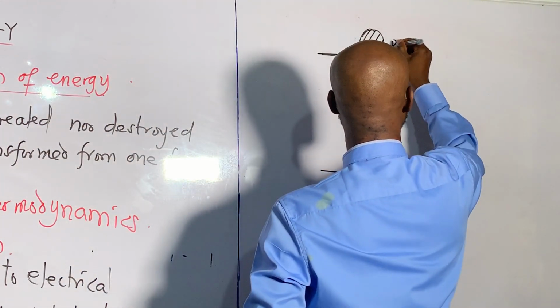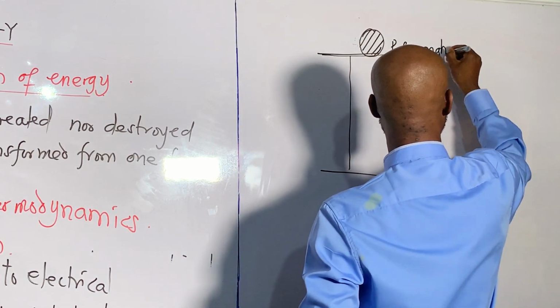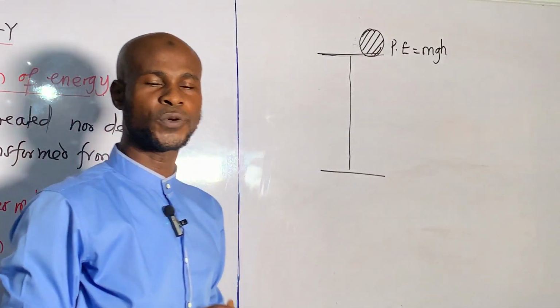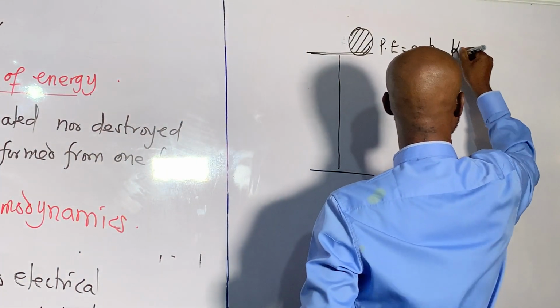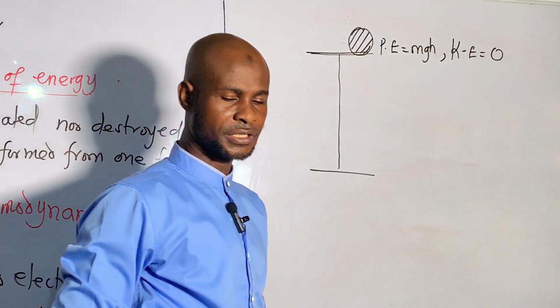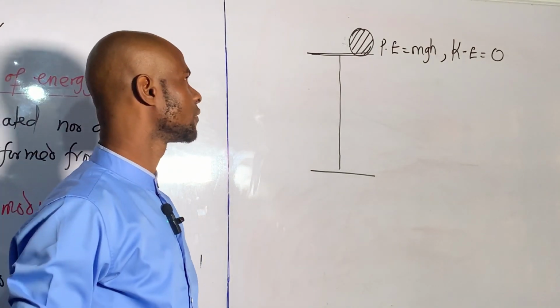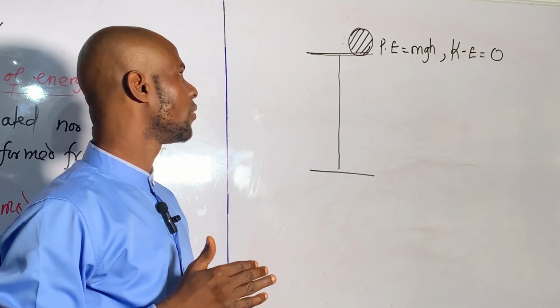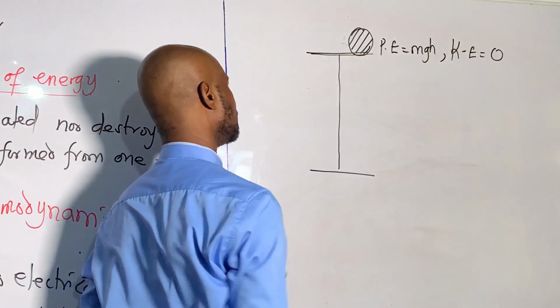So at the top of this cliff, the object possesses entirely potential energy, and it has no kinetic energy. That is the energy possessed by the object at the top of this building.